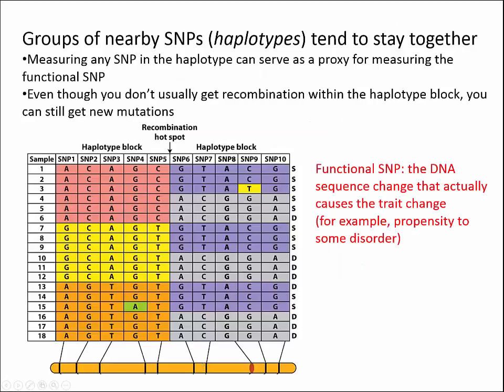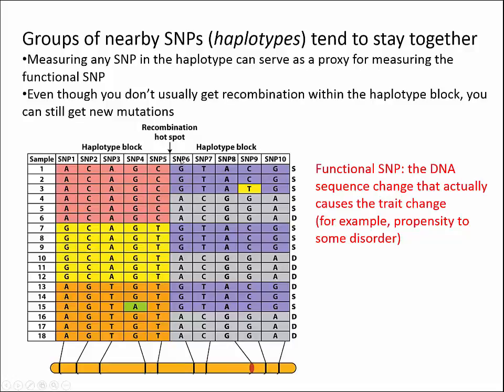So here's another example to look at this idea. Here you have regions along a chromosome, and the locations of a bunch of SNPs are indicated. And so here's SNP 1, 2, 3, 4, 5. These all fall within a haplotype block. So what that means is recombination tends to not occur between these individual SNPs. Here's another haplotype block.